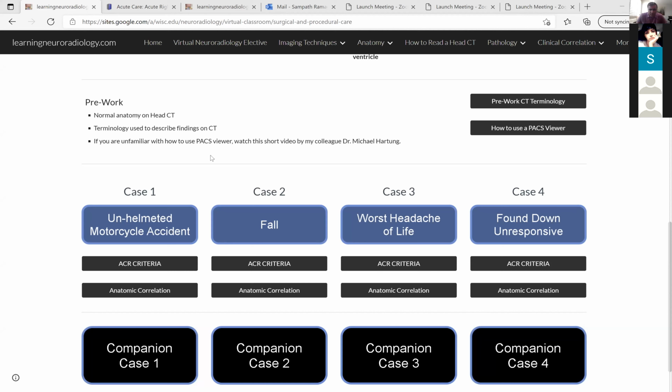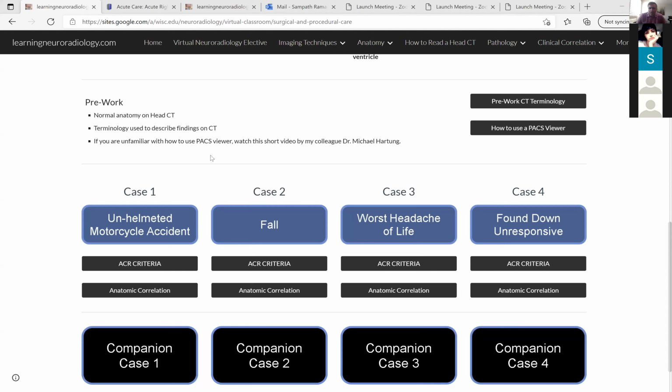So here is a question. As an undergraduate, can you give a gist on how to approach radioimaging scans? Well, this is a very expansive question, so I don't know what specifically they want to know. But from the point of view of seeing a head CT, like I said, head CT is not a perfect tool.